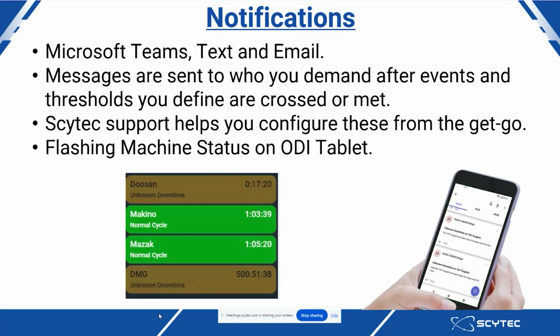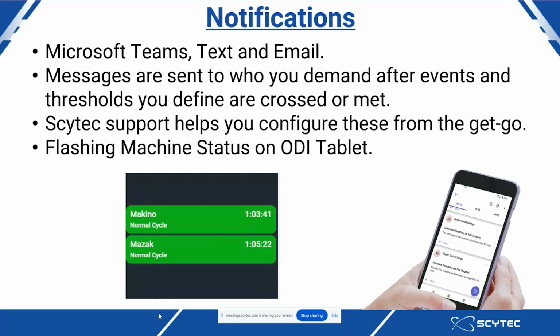The example I like using is, let's say you have an unattended CNC machine that has been out on your shop floor for 29 minutes. At that 30-minute mark, a notification in either Microsoft Teams, text, or email will be sent to your operator, alerting them to go out and find out whatever is going on with the machine.